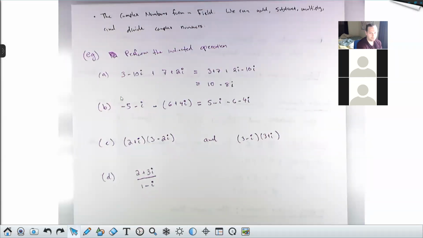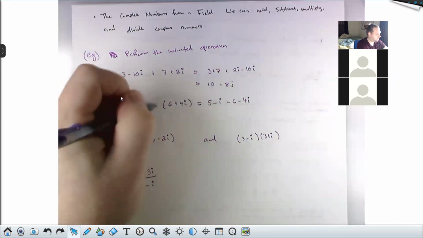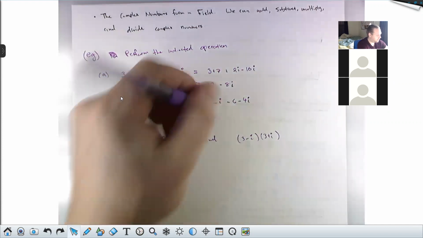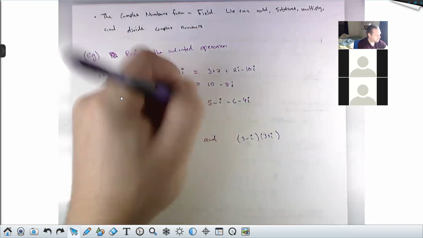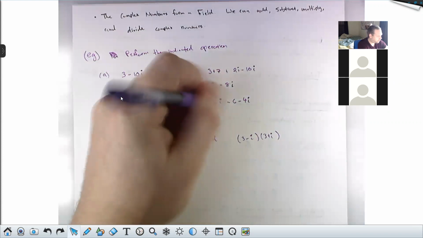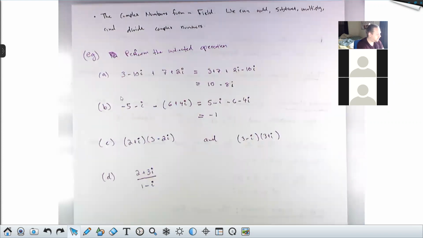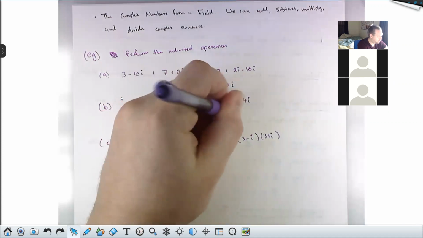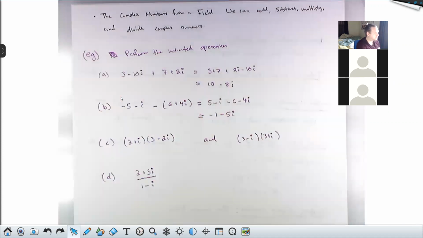Distributing the negative. I distribute this negative to the 6 and to the 4i. 5 minus 6 is negative 1, so put the real and imaginary parts together. The real parts, 5 minus 6, and the imaginary parts, negative i minus 4i is negative 5i.